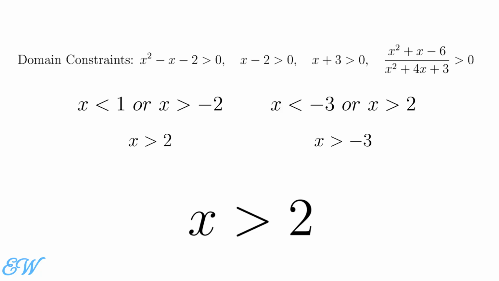In our second one, we instantly see that x must be greater than 2. In the third one, we see that x must be greater than negative 3. And in our fourth one, we see that x must be less than negative 3 or greater than 2. The overarching inequality that covers all of these is that x must be greater than 2.